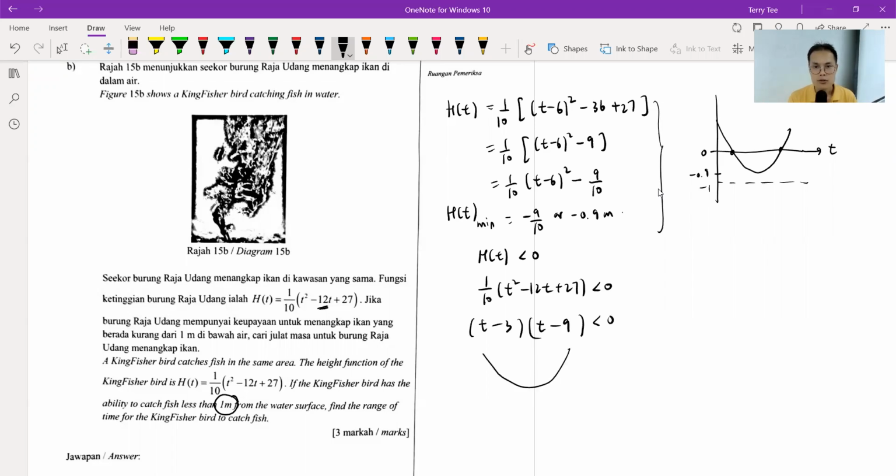To solve this quadratic inequality, your t value should be anything below the axis here. Since this is less than 0, we shade the region below. The time taken for it to catch a fish should be anywhere between 3 and 9.